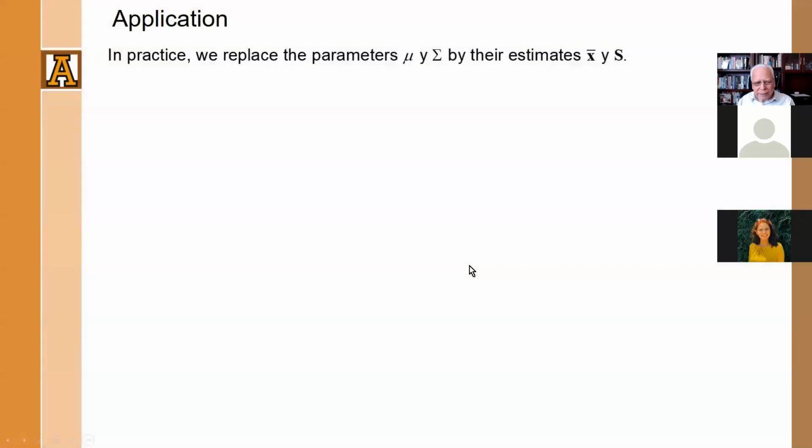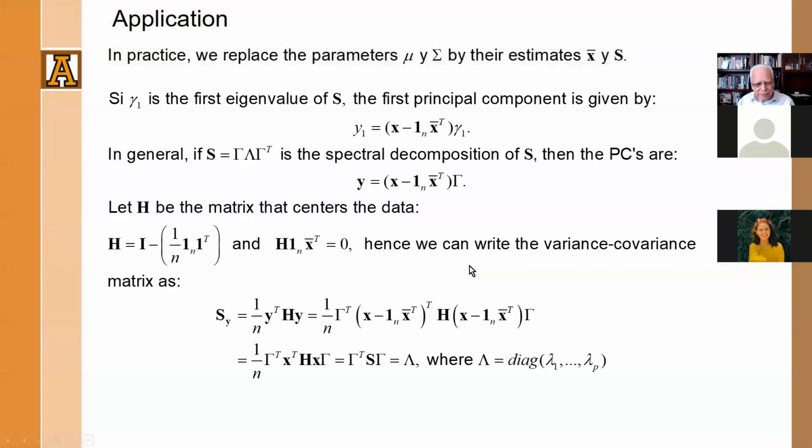Well, if we use that notation, I can write the variance covariance matrix in this form, using this centering matrix in the middle. So x minus this transpose times H times x minus this, times gamma. I have gamma transpose here. And that is exactly gamma transpose times S gamma.